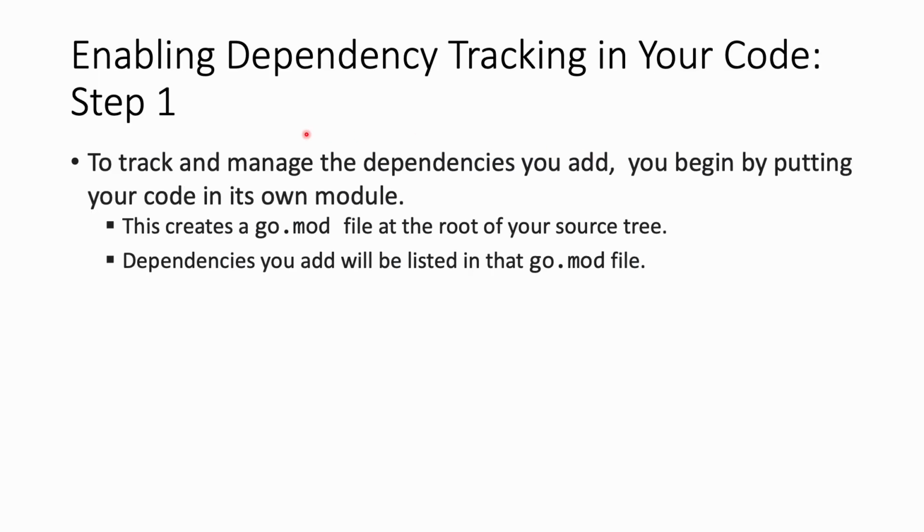There are two steps to track and manage the dependencies you add to your code. The first step is to put your code in its own module. This will create a go.mod file at the root of your source tree. Dependencies you add will be listed in that file.